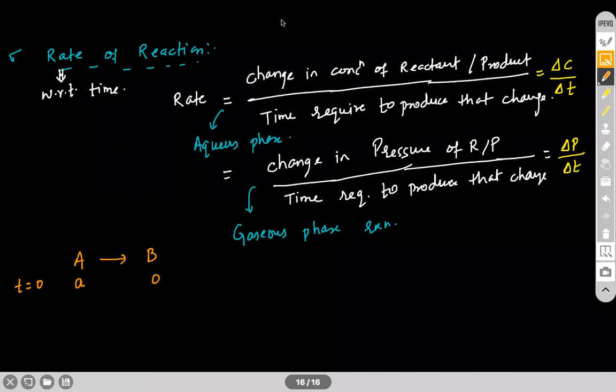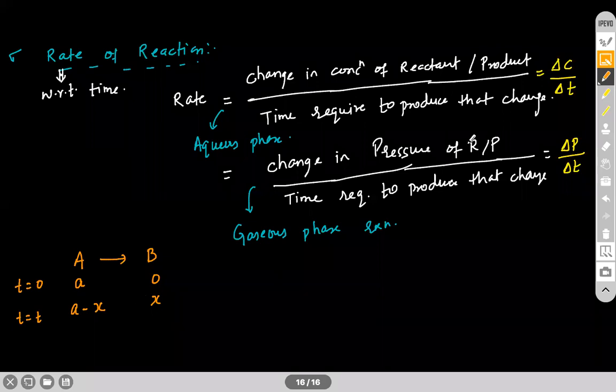There's no B, only A was present, and this A converts into B. So after some time T, as A starts converting into B, the concentration of A decreases. Suppose this is the amount that reacts and it forms X. No doubt? Any doubt in this? No, sir.